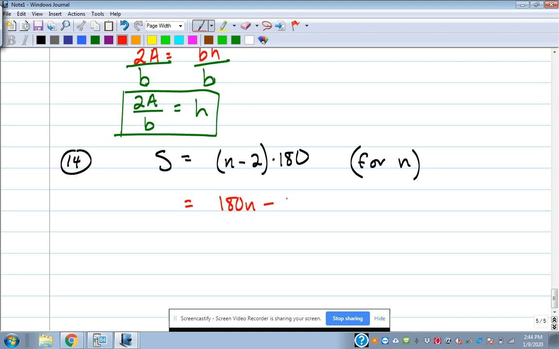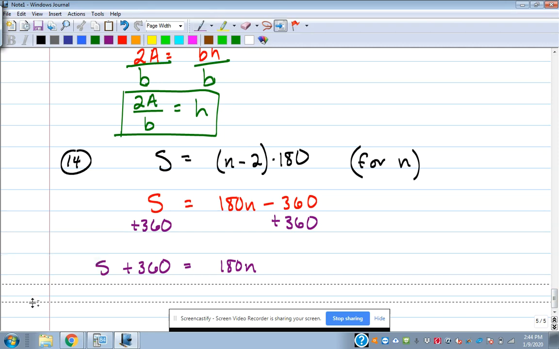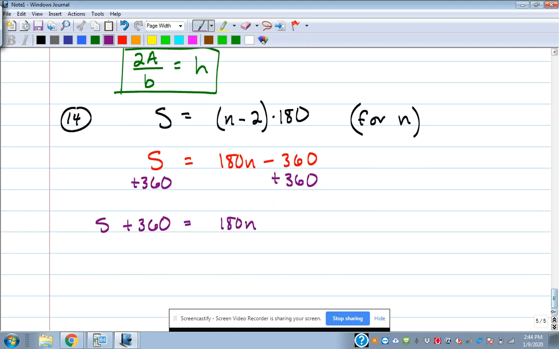180n minus 360. Well, still not got an n by itself, but okay, I could add 360 to both sides. That's a good idea. 180n equals S plus 360. All right, last step would be dividing by that 180, and that would get us n by itself. What am I going to divide by 180?